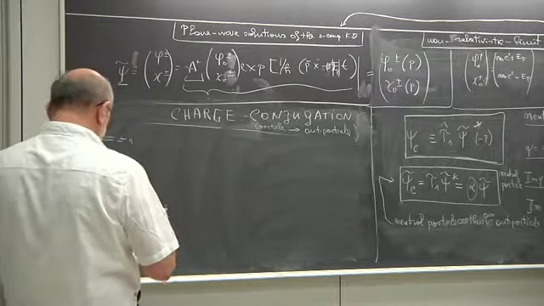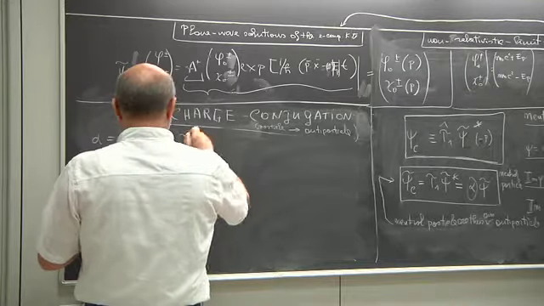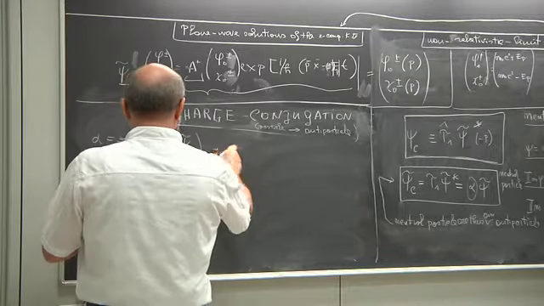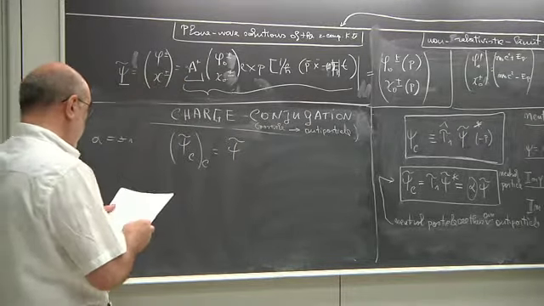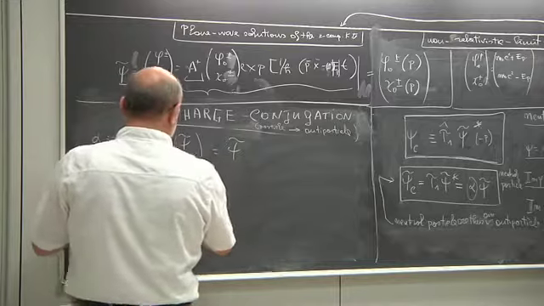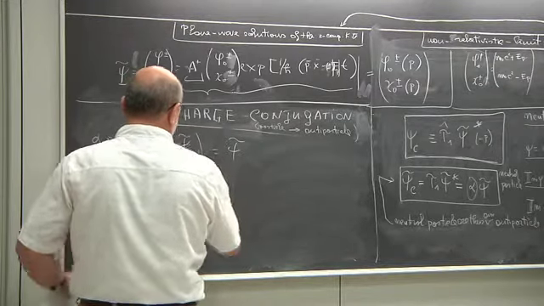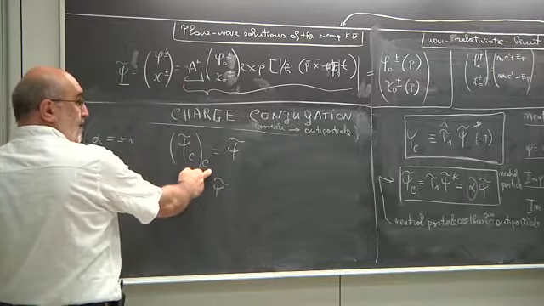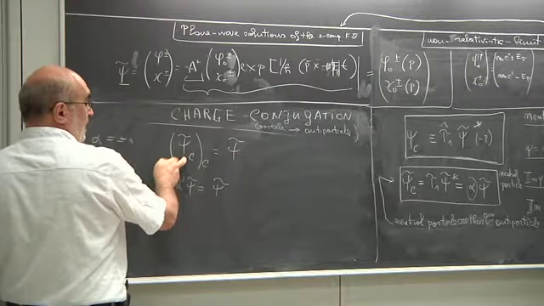How do I prove it? Well, it's very simple. We know that if we apply the charge conjugation operator 2 times, we should get back to psi. We proved it before. But what does it mean? This means alpha squared psi tilde equals psi. Why? Because the first time we do a charge conjugation, we inject an alpha on a neutral particle.